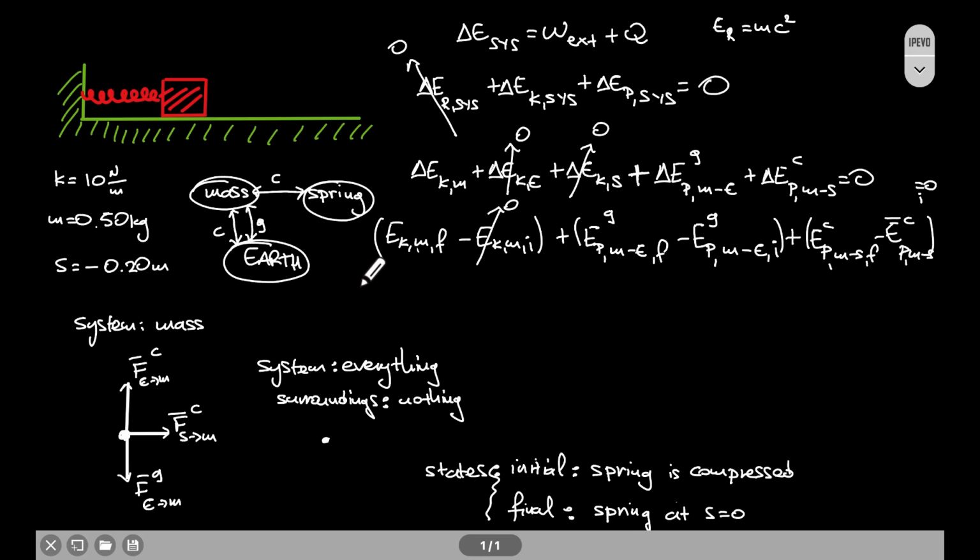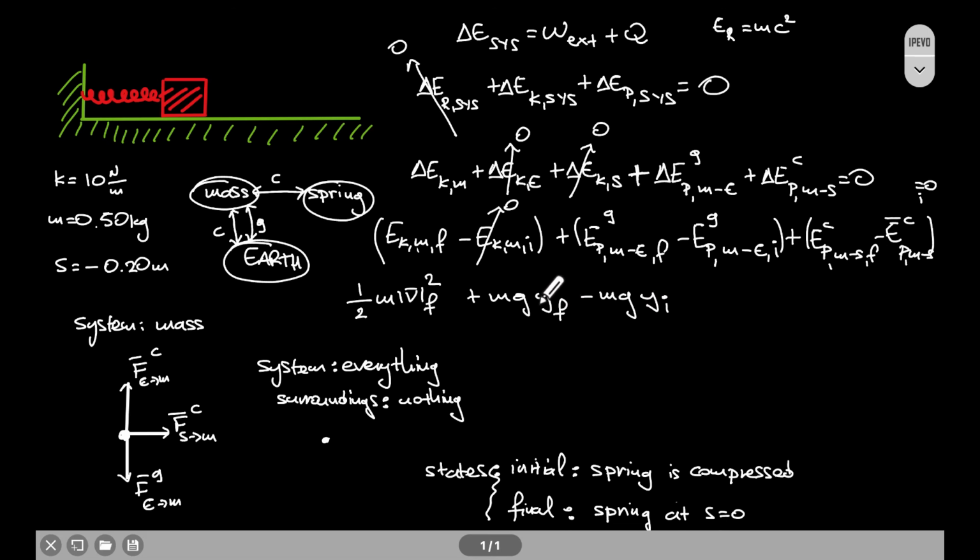Alright, so I have 1/2 m v squared final, that's the one I'm looking for, the speed of the mass in the final state, plus mgy final, this is the gravitational potential energy of the mass, minus mgy initial, this is the gravitational potential energy of the mass in the initial state.